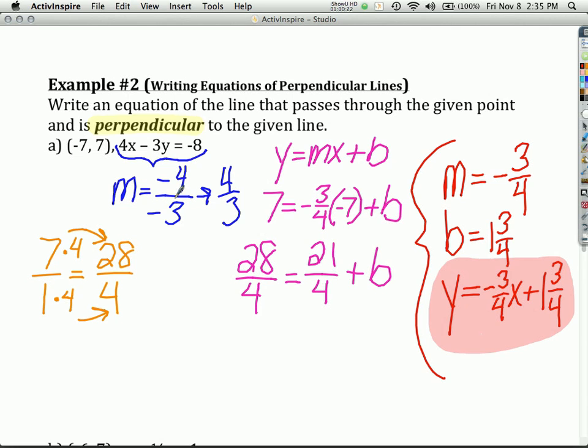Yeah, because it's minus 3y. Yeah, that's why I put -3 here. But the formula for the slope from standard form is the opposite of A. So A is 4, so I wrote the opposite of A over B. But a negative over a negative is a positive. Am I answering your question?